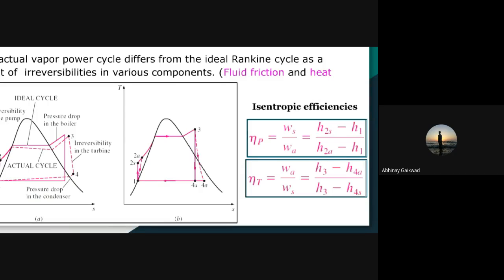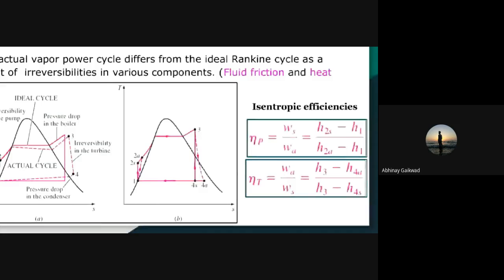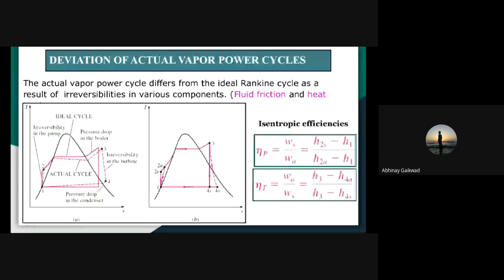From this TS diagram, you can easily calculate WS or WA, in the case of the pump as well as the turbine. This is the isentropic efficiency of the pump, and this we got in the case of the actual power cycle.